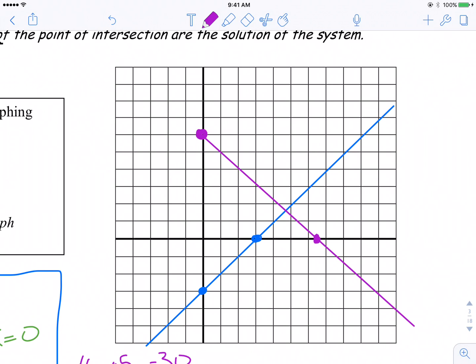And there is where they crisscross, except I messed something up. What did I do? Oh, that's not 7.5, it's 6.5. 7.5 is here. There, that looks a little bit better.